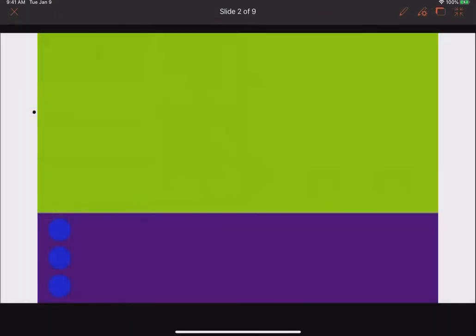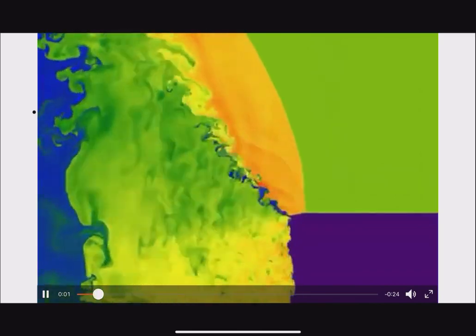So here I'm just going to show a movie of a CFD calculation. Over here, we're just simulating an explosion in a layer of reactive gas. So we're solving fully compressible Navier-Stokes equations with combustion reactions. Okay, so I'm just going to let the movie go. This will look crazy, but it should be pretty interesting.